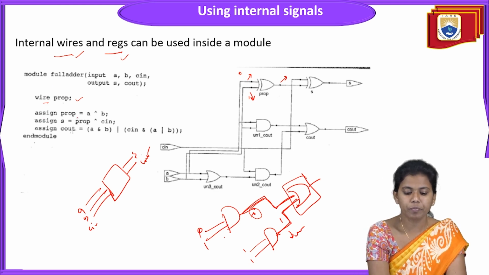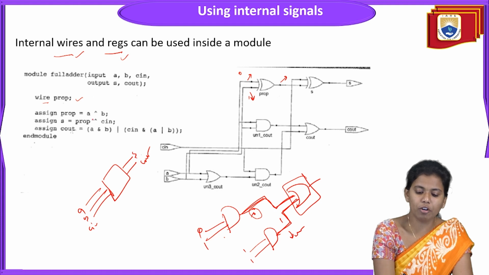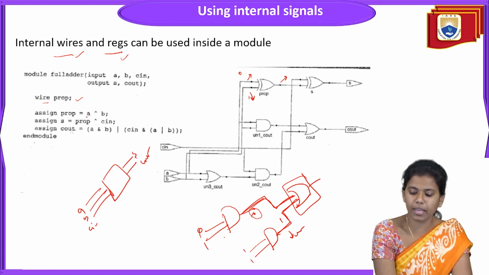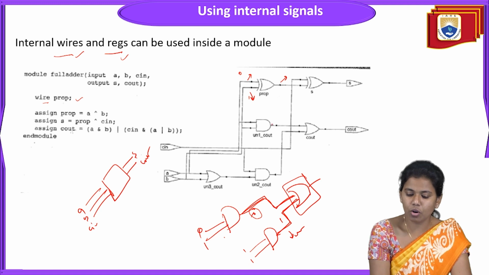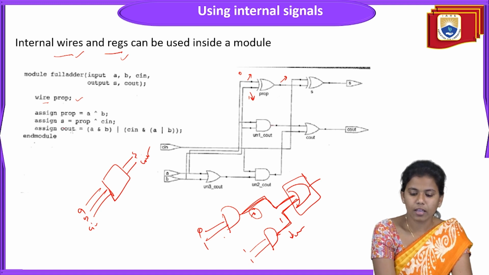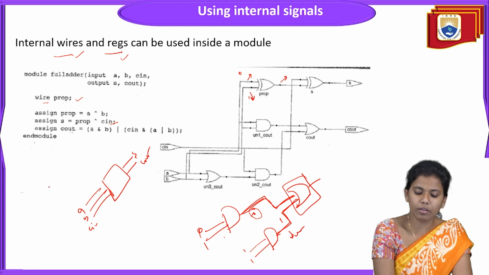So here, assign the propagation of A and B. A and B is nothing but A XOR B. Then assign S, where S is the propagation XOR C in.